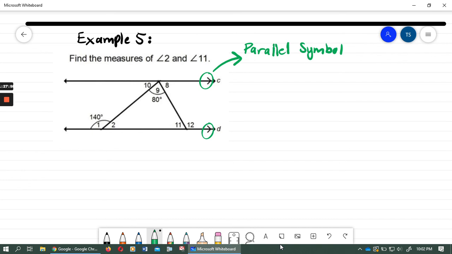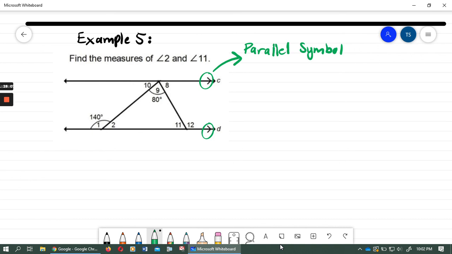Now, folks, with this one, the place where I suggest that we start off in this problem is, and really it's going to be the only thing that we can do initially.